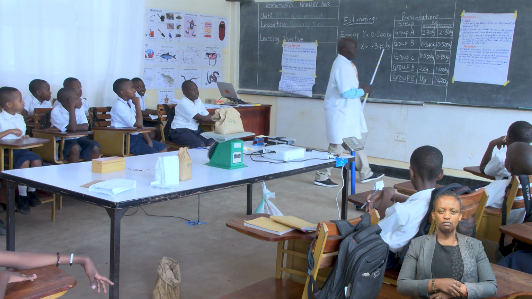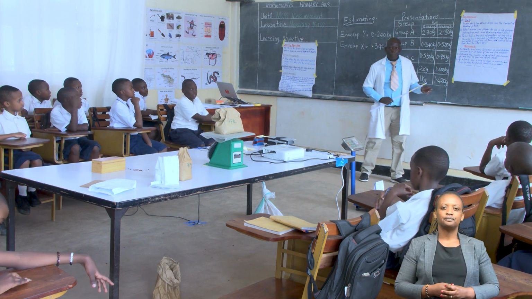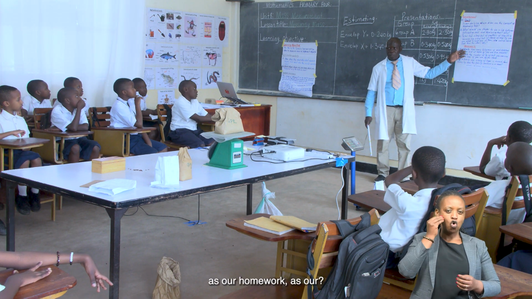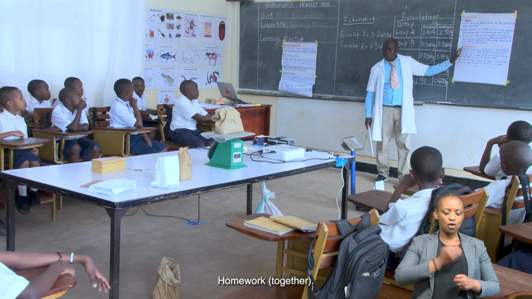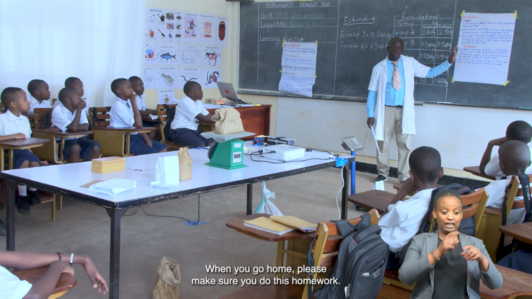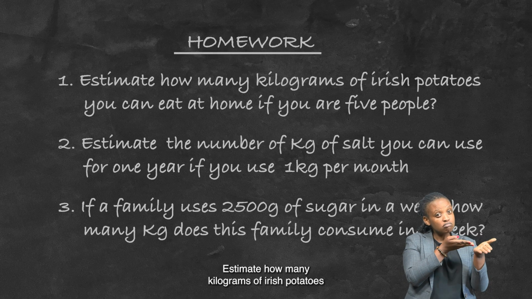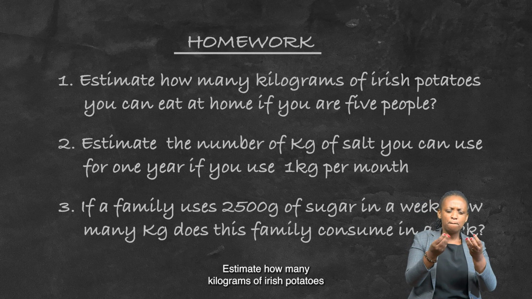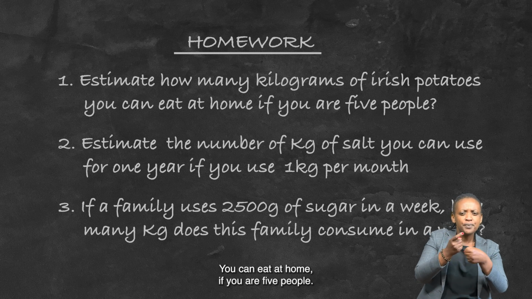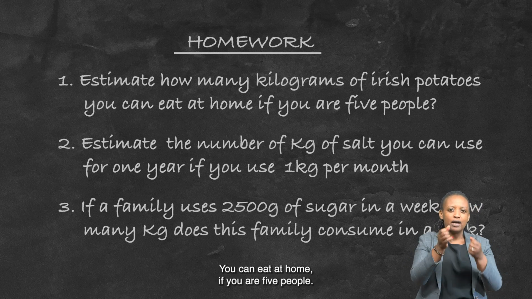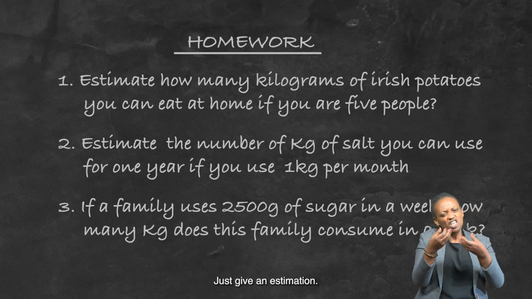Therefore, as our homework, when you go home, please make sure you do this homework. Estimate how many kilograms of Irish potatoes you can eat at home if you are 5 people. Just give an estimation.